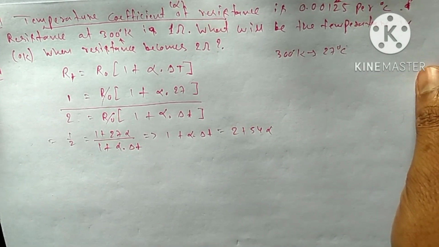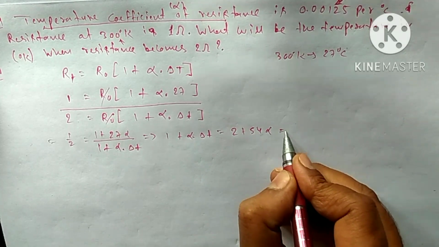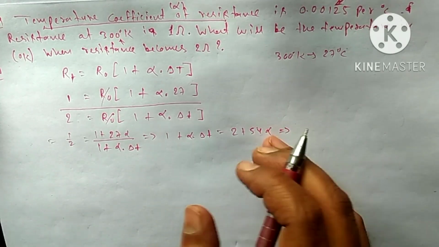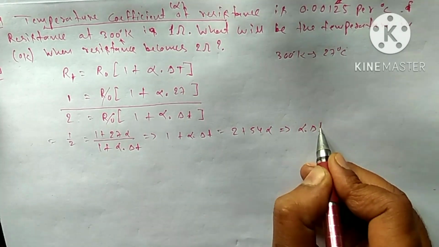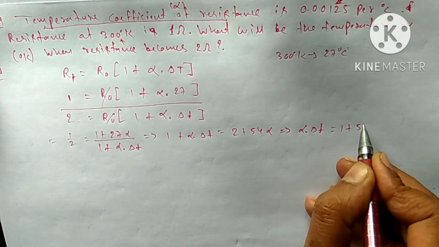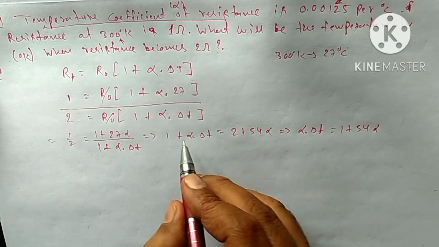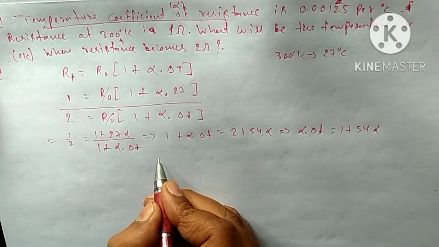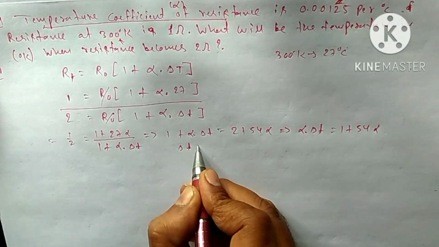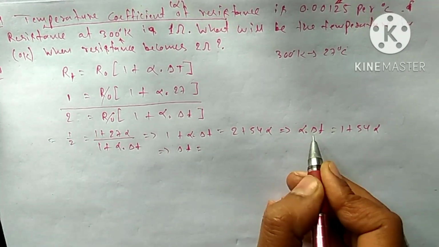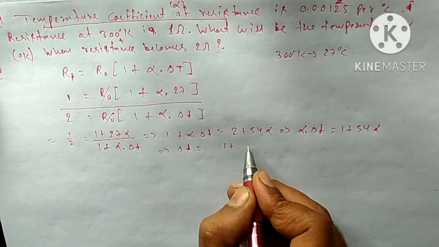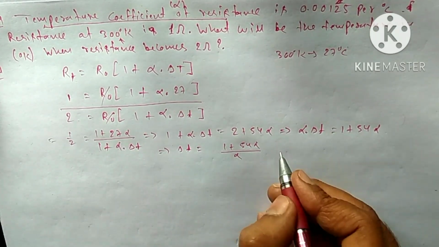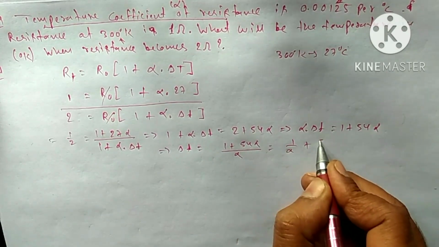Again, by applying the transposition method, alpha into delta T is 1 plus 54 alpha, 2 minus 1 that is 1, and 54 alpha. So delta T we can also find as 1 plus 54 alpha by alpha.